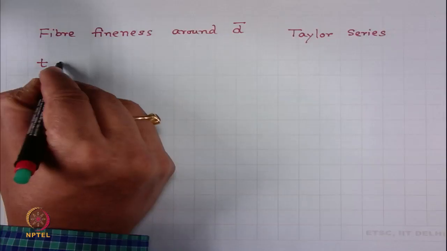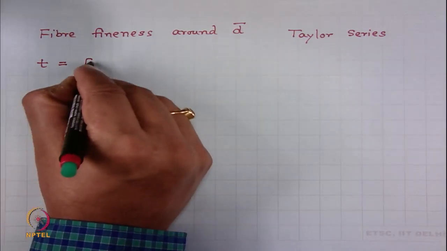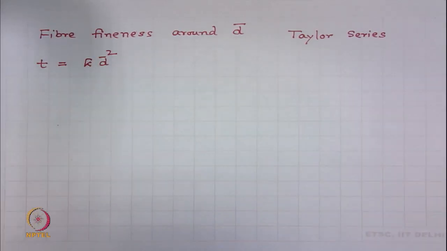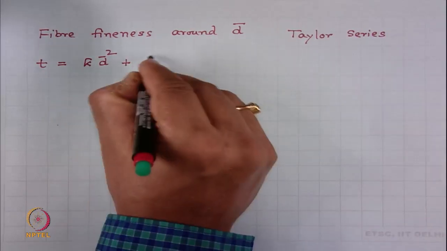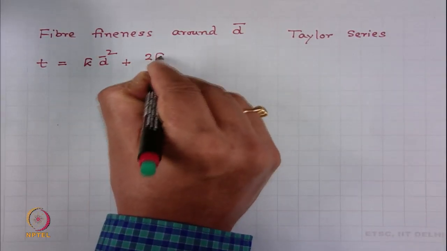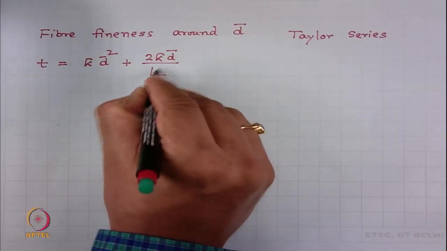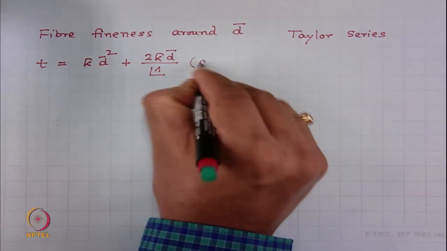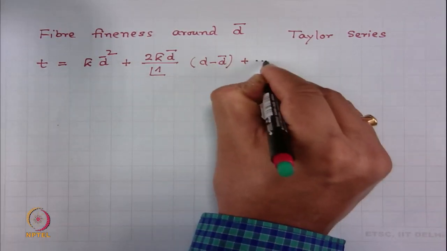T is equal to k times d bar square plus first derivative at d bar divided by factorial 1 into d minus d bar plus other terms.